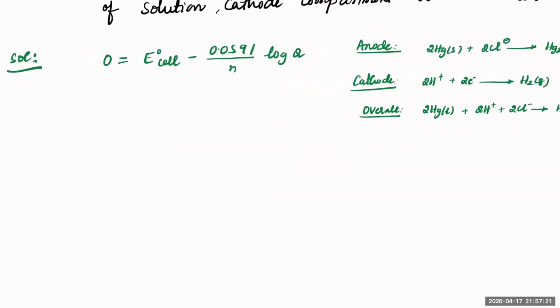So Q is equal to pressure of H2 divided by concentration of H plus squared into Cl minus concentration squared.